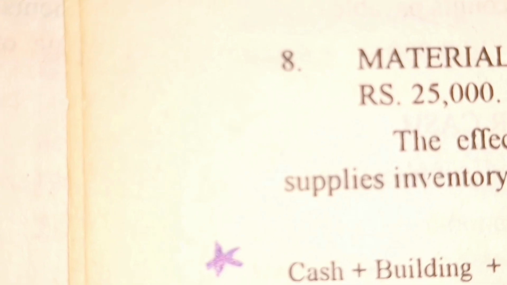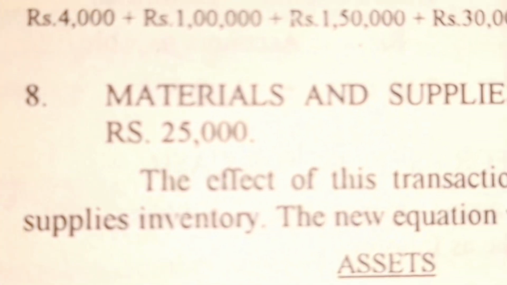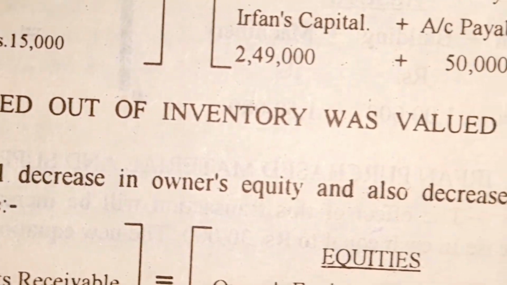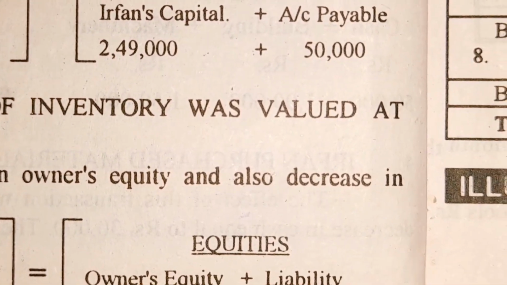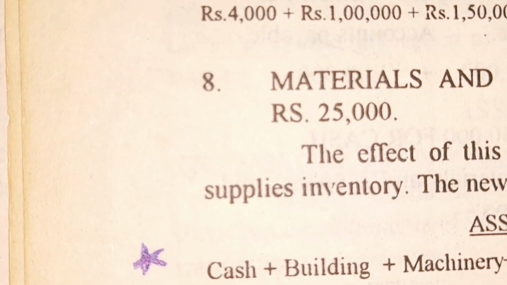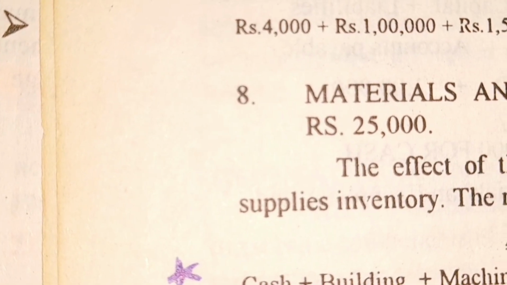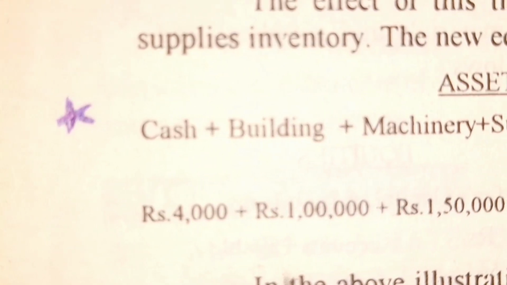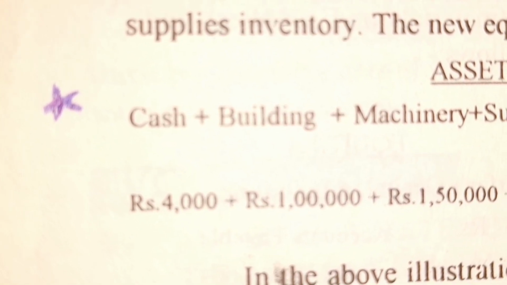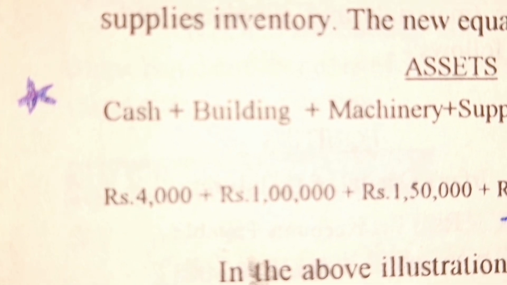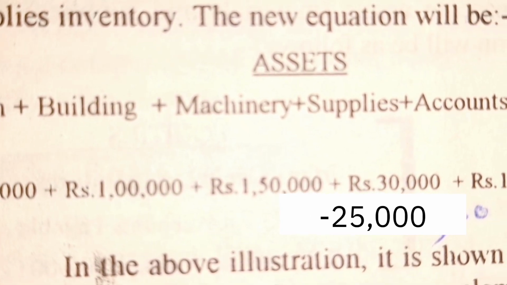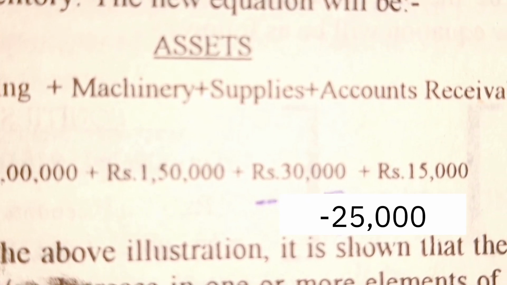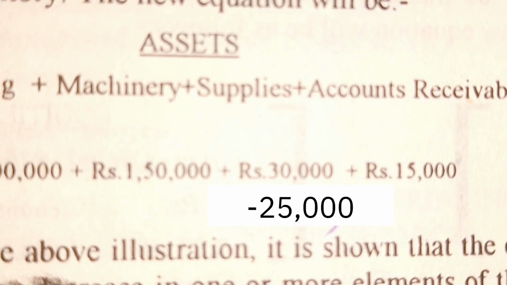The new equation will be assets, cash rupees 4,000, building rupees 1 lakh, machinery rupees 1,50,000, supplies rupees minus 25,000, accounts receivable rupees 15,000 is equal to equities, owner's equity, Irfan's capital rupees 2,24,000. Liability, accounts payable rupees 50,000.